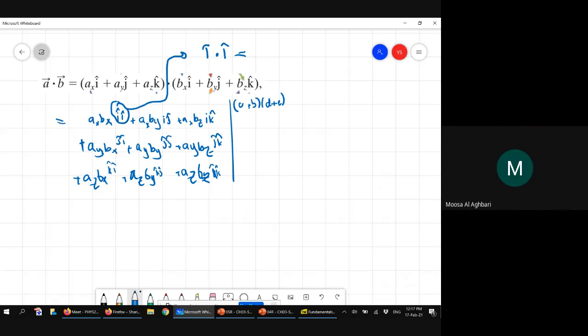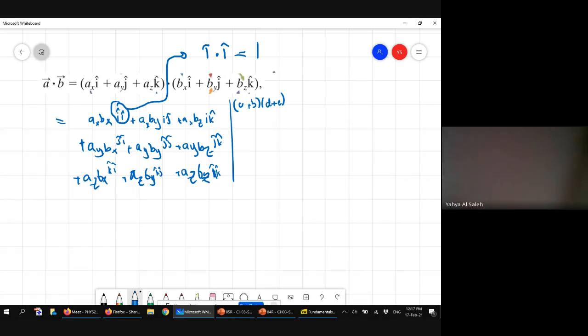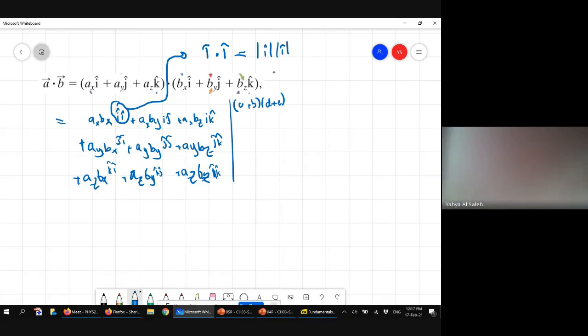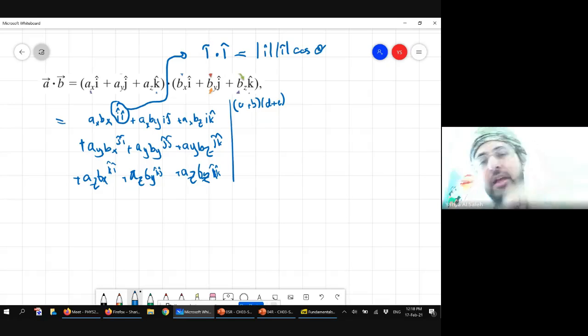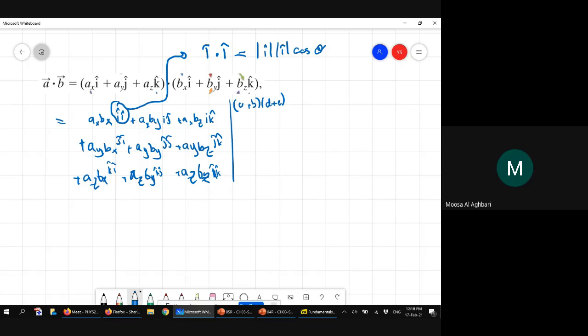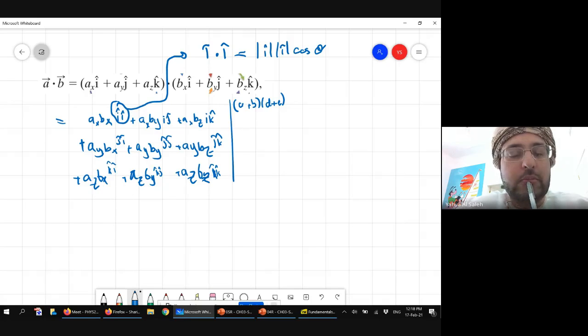It was the magnitude of the first, magnitude of the second, cosine of the angle. Right. What is the magnitude of I as a unit vector? One.